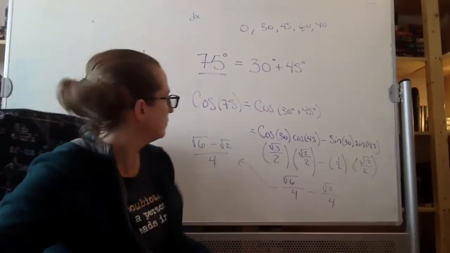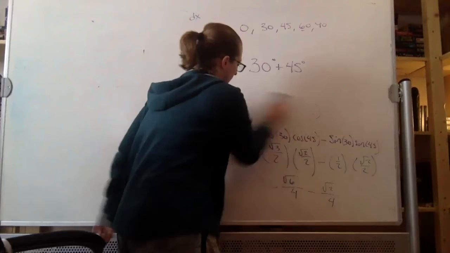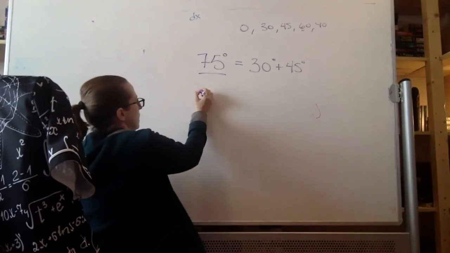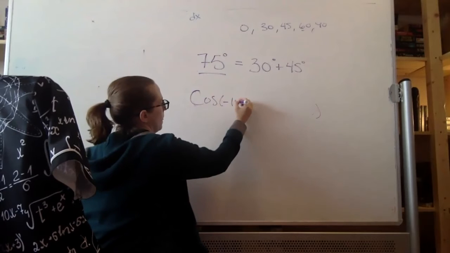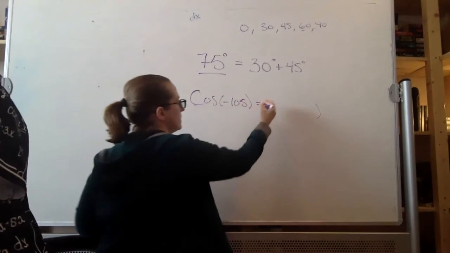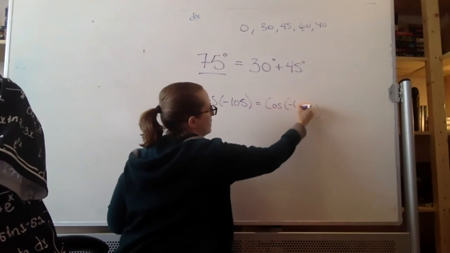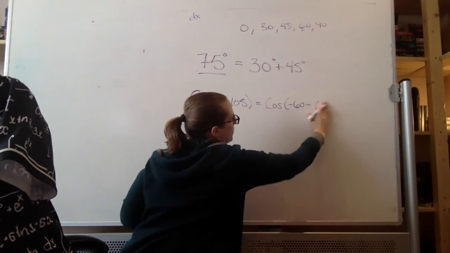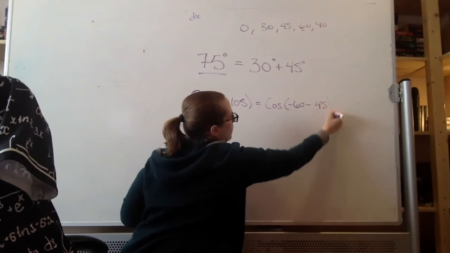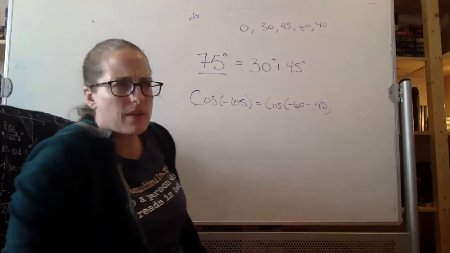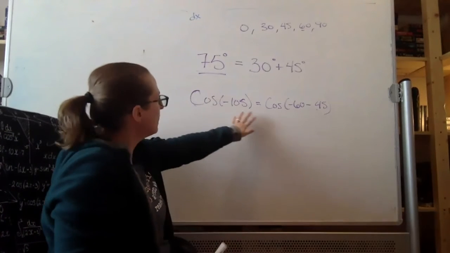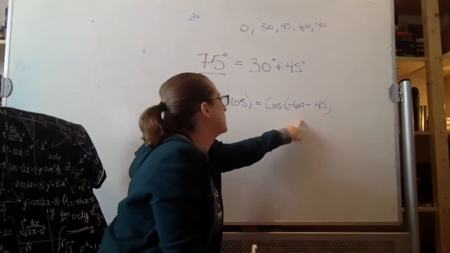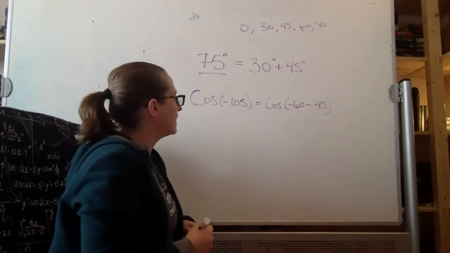So cosine of negative 105 we're going to think of as cosine of negative 60 minus, just minus 45, sorry. I kind of messed that up a little bit when I was talking about it. We're going to fix it now. Everybody feel okay that cosine of negative 105 is equal to cosine of negative 60 minus 45? Negative 60 minus 45 is going to be negative 105.